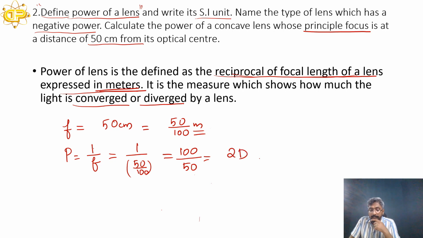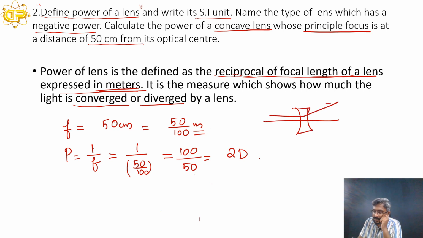And now the thing is whether it is a negative sign or a positive sign. Which lens is given there? A concave lens. So here you have a concave lens in your hands, and here you can see the light diverges and the principal focus will be formed somewhere here.